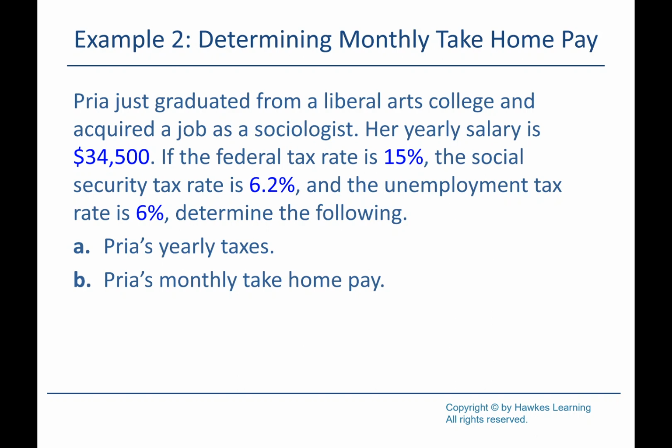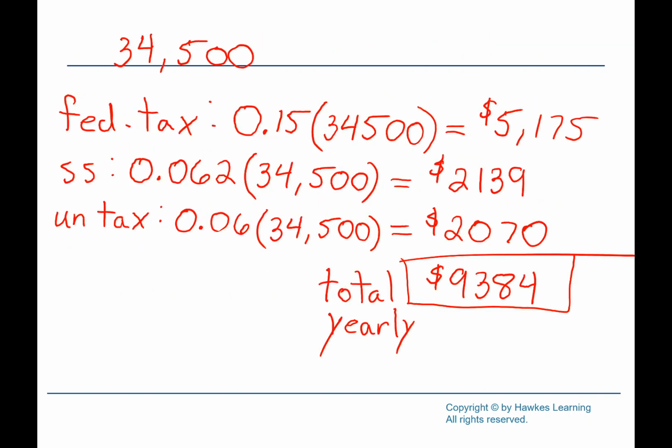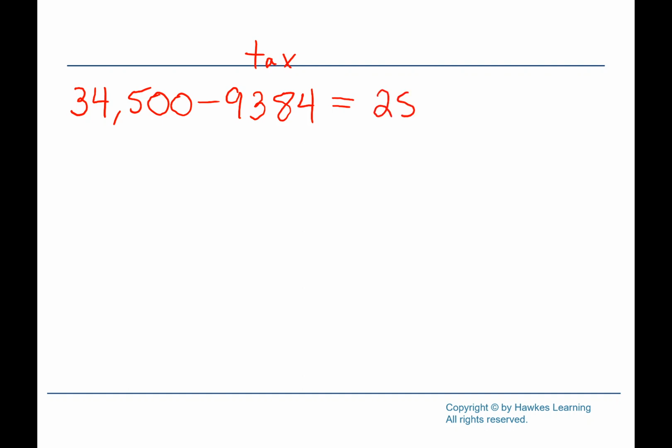Okay. So let's see here. So 34,500 minus 9,384. That's taxes. So let's see. That is $25,116 yearly.